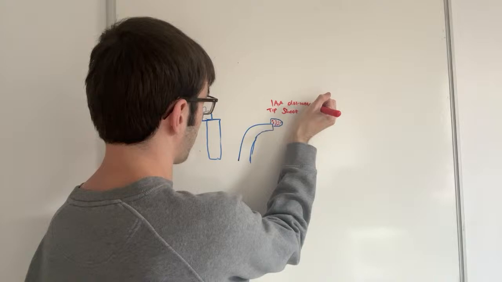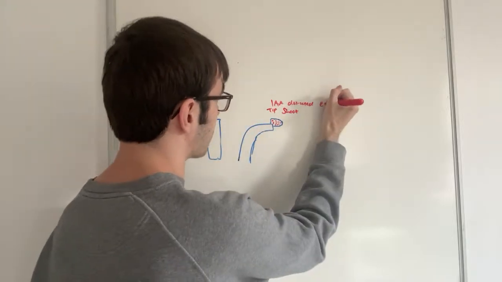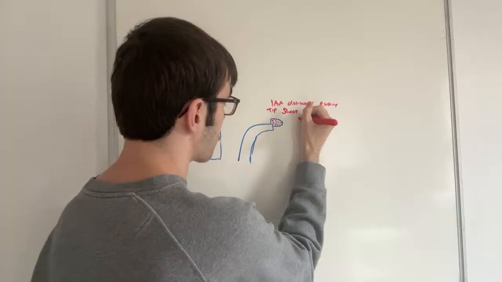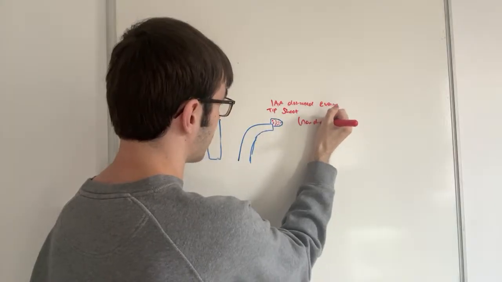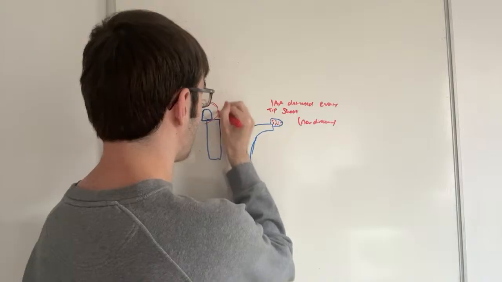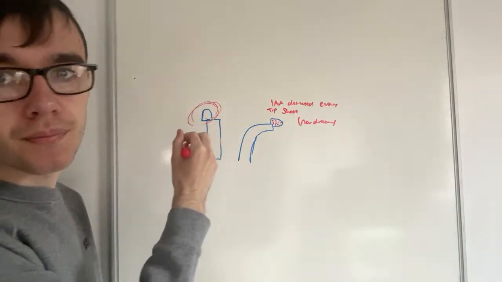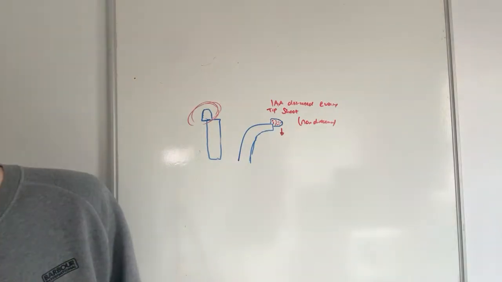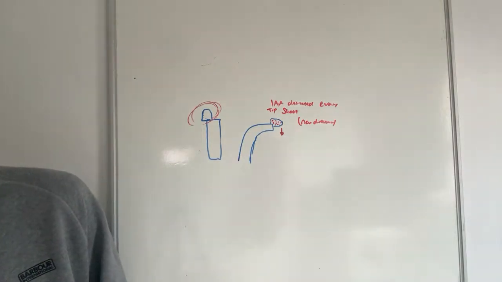This is what I would say. IAA is distributed evenly throughout the tip shoot because of the non-directional light. And because it is being added like this, it is going to become top heavy and therefore grow sideways.